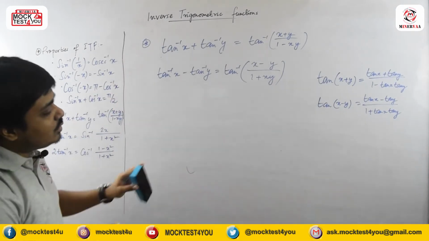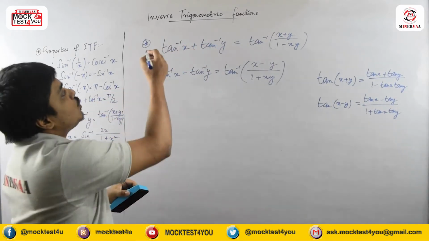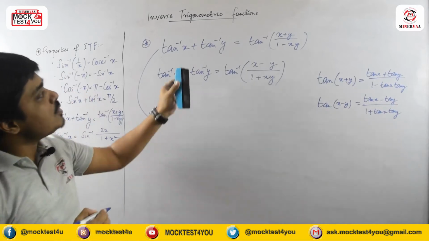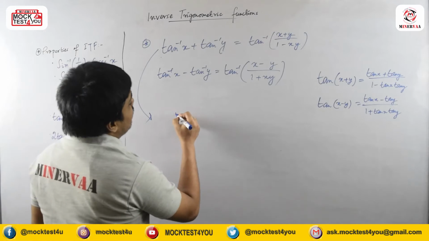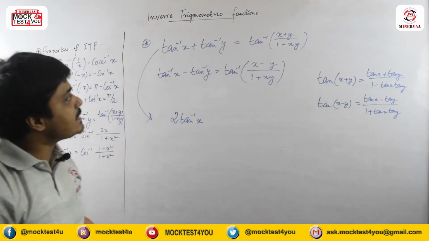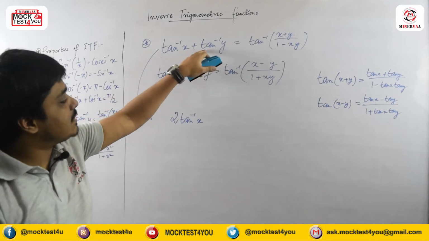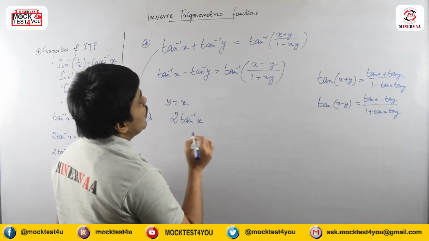Now, related to these properties, look at the first case. Suppose y is equal to x. So what can I write? I can write this as 2 tan inverse x, since tan inverse x plus tan inverse x gives us 2 tan inverse x. It's a special condition where y is equal to x.